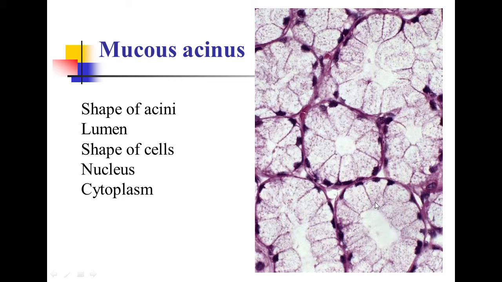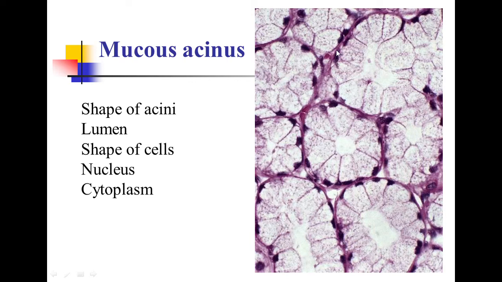Then these acini consist of cells, and these cells are columnar in shape. In serous acinus, the cells are pyramidal in shape. So here the cells are columnar. Then the nucleus of the cell is flattened.